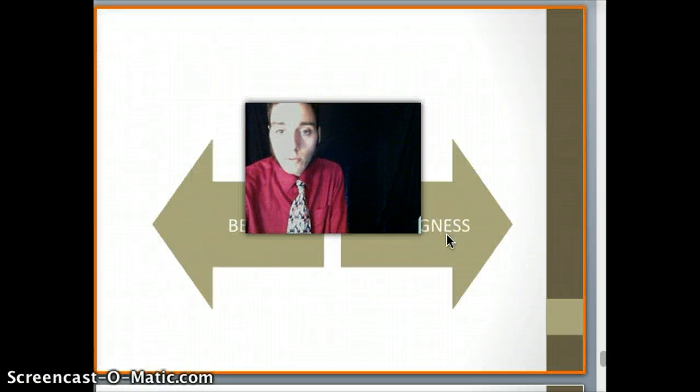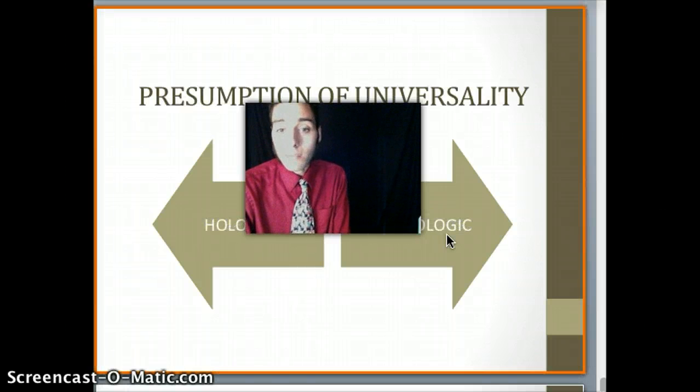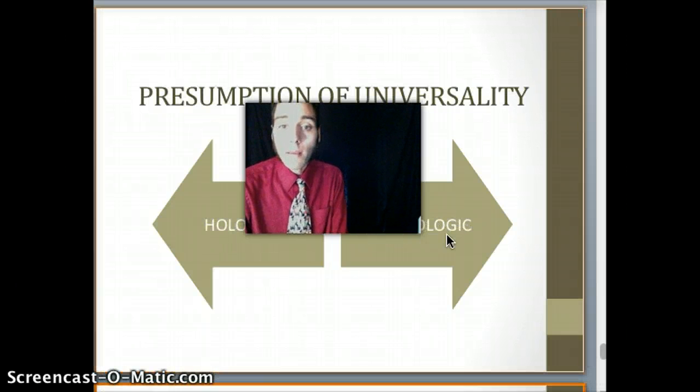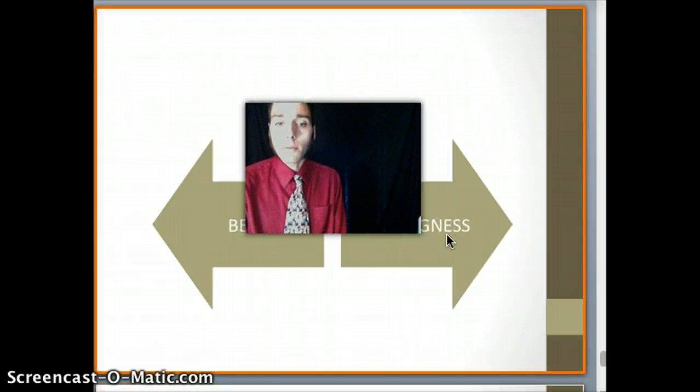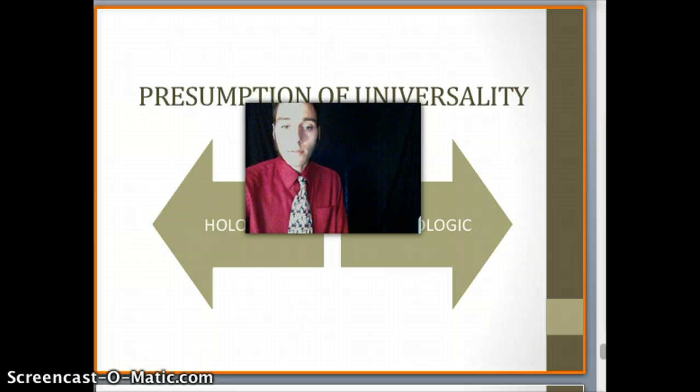Within existential thought, here are the core crises that we've all heard of. This idea of being versus nothingness, isolation versus connection, death versus striving for life, meaning versus meaninglessness. So these are all universal human conditions, universal human problems.